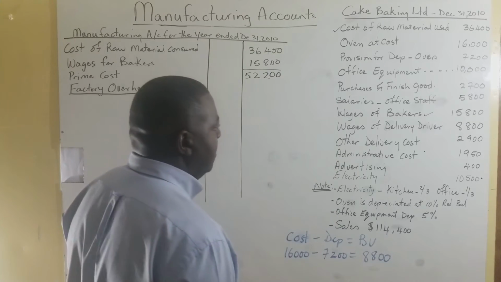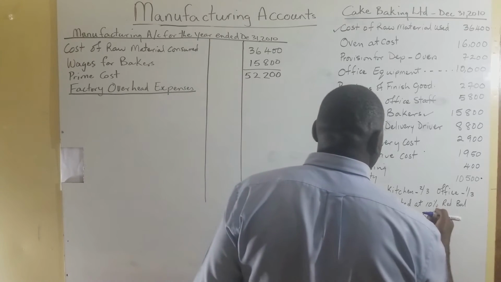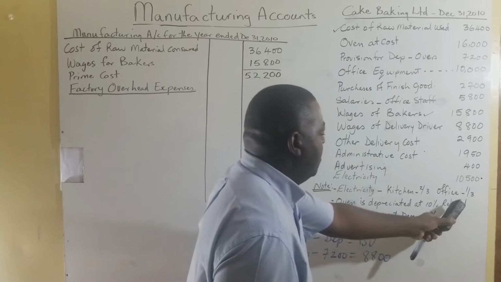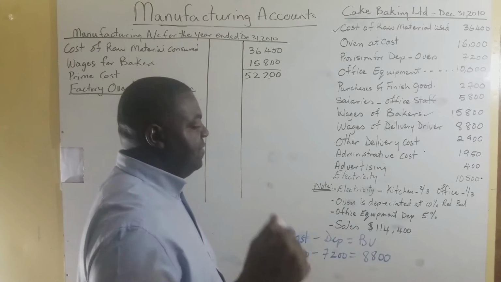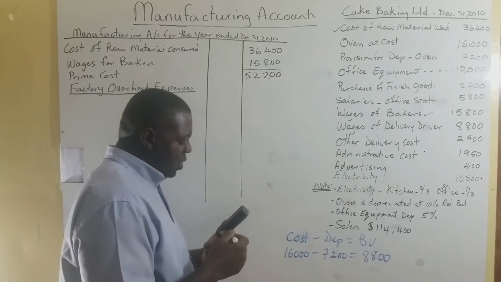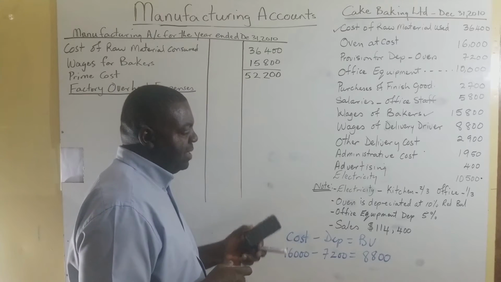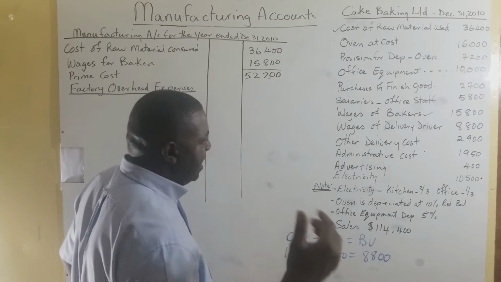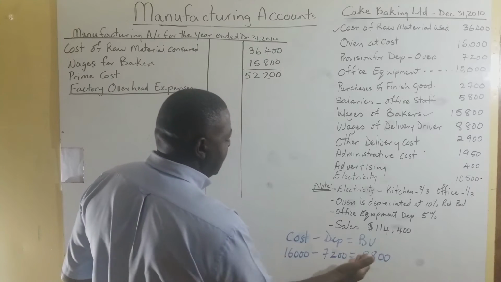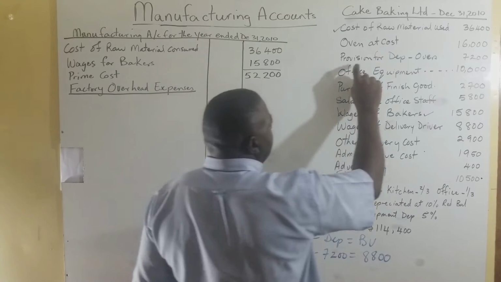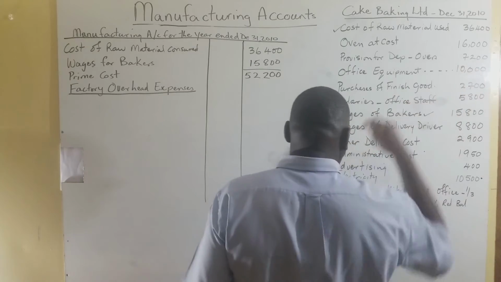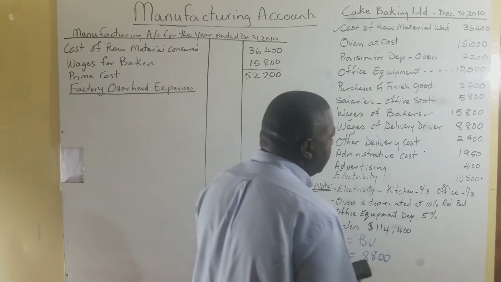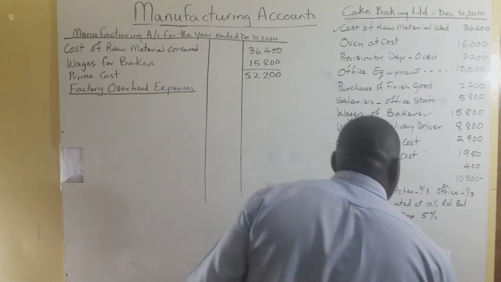And the next thing now to do is to apply the percentage. They said that oven depreciation is at 10% and we're using the reducing balance method. And I've just said earlier, when we're doing reducing balance method for depreciation, after the first year we use the book value. So to get the book value, we first have to find it by subtracting the accumulative depreciation, which is the 7,200, from the cost of the asset, which is 16,000, to give us the book value. Now we're going to find 10% of that.